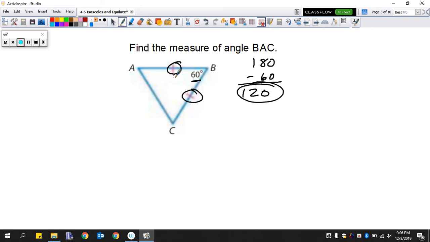And we also know that these angles are congruent to each other. So 120 divided by 2 is 60 degrees. So each of these angles has a measurement of 60 degrees. So in that case, we can see that this is also an equiangular or equilateral triangle.